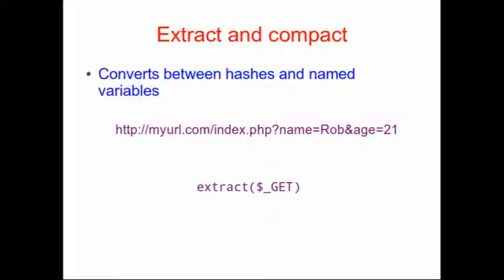PHP provides a mechanism for converting between associative arrays and named variables. So the command is called extract. Here's our example URL again, where we have two key value pairs, name and age. If we pass that to the PHP file, and PHP calls extract on $_GET, we end up with two variables being created, name and age.